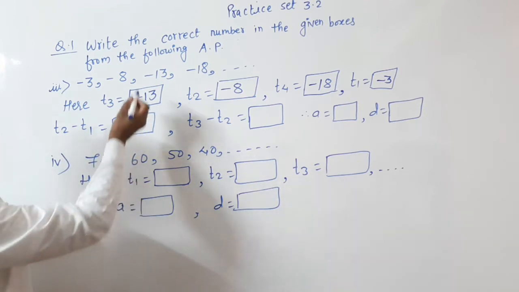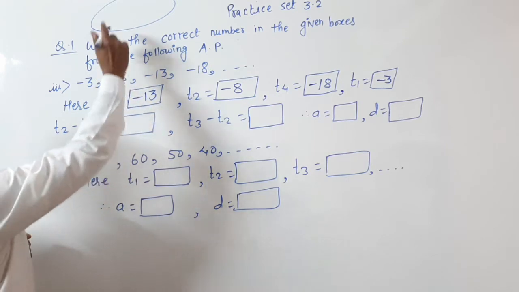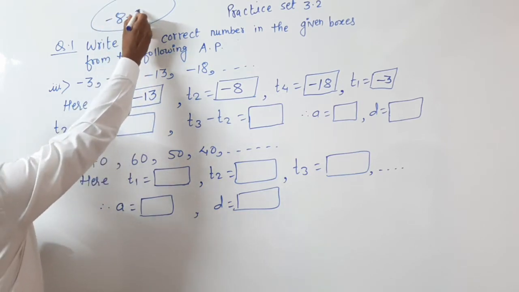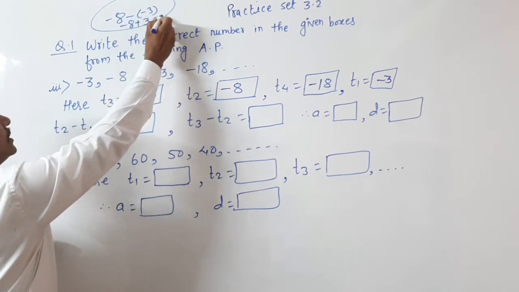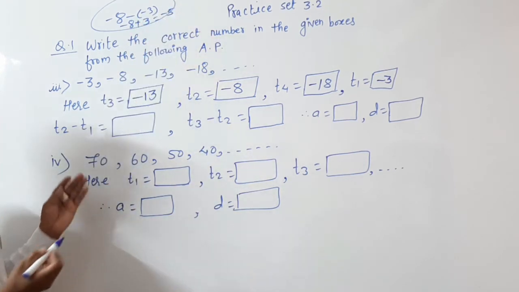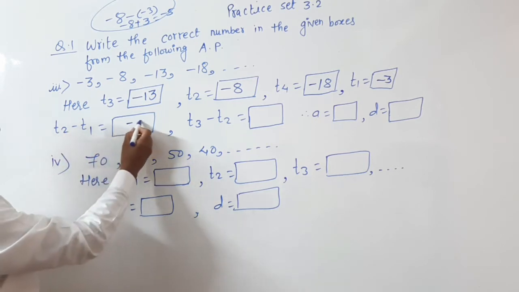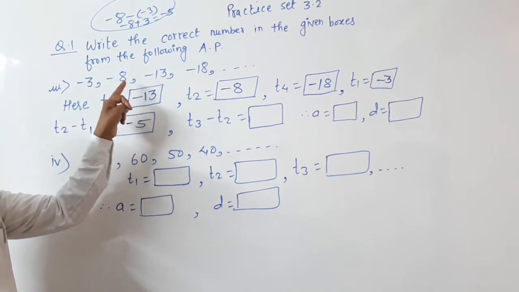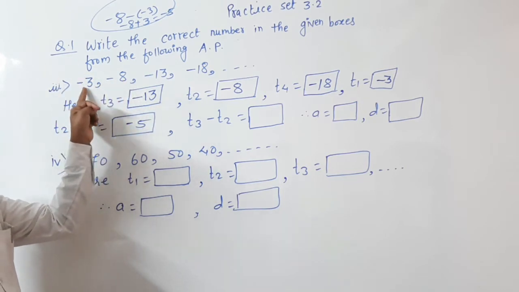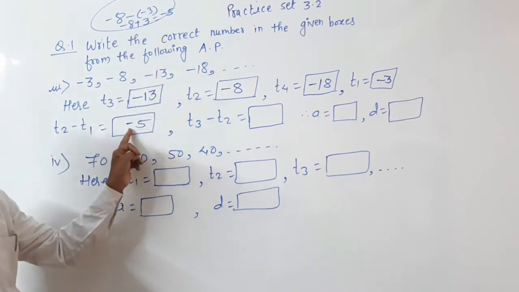So here see, T2 that is minus 8, then minus 3. So minus 8 plus 3, that is minus 5. So this T2 minus T1 is minus 5, means minus 8 minus, in bracket, minus 3, plus 3. So minus 8 plus 3 is minus 5.